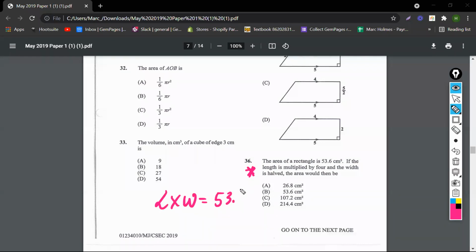And it says if the length is multiplied by 4, so 4L, and the width is halved, so width over 2, what would the area be? So guys, if you work this out, this 2 is going to cancel into this 4, and you're going to end up with 2 times L times W is equal to the area.